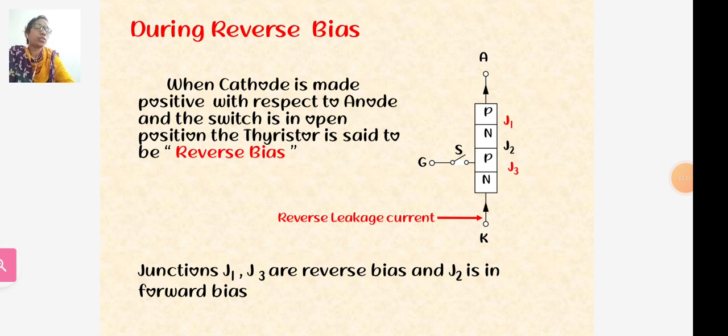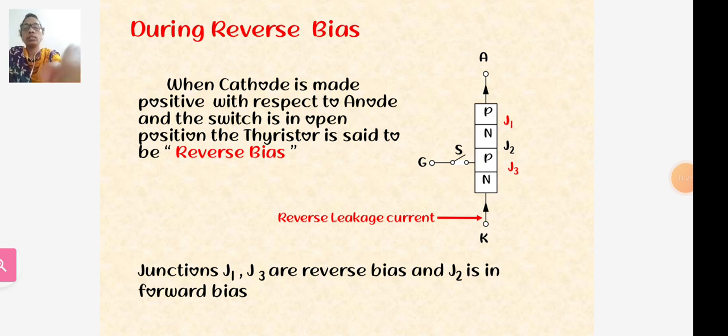The junctions J1 and J3 are reverse biased and J2 is forward biased. The device behaves as if two diodes are connected in series with reverse voltage across them. A small leakage current of the order of a few milliamperes or microamperes will flow.